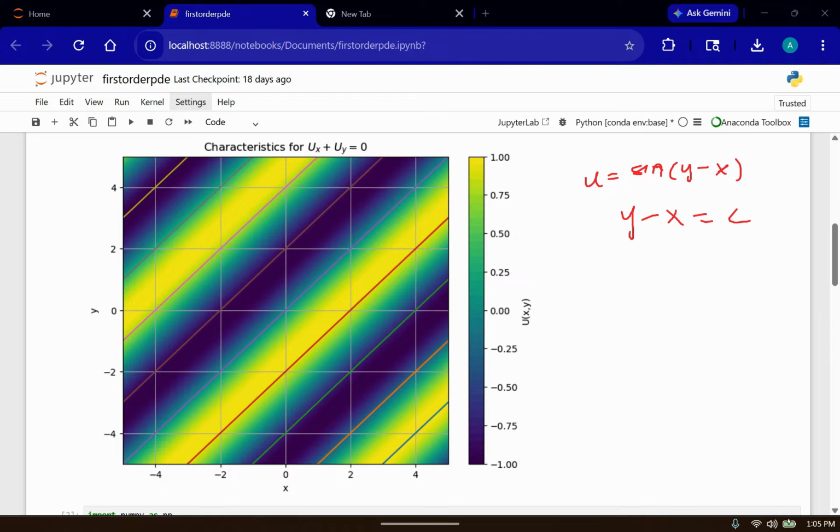So now if you look at this, we start with this very simple example, and then we realize that the characteristics are just straight lines. Now if you look at the plot, the colored surface represents the solution, right?